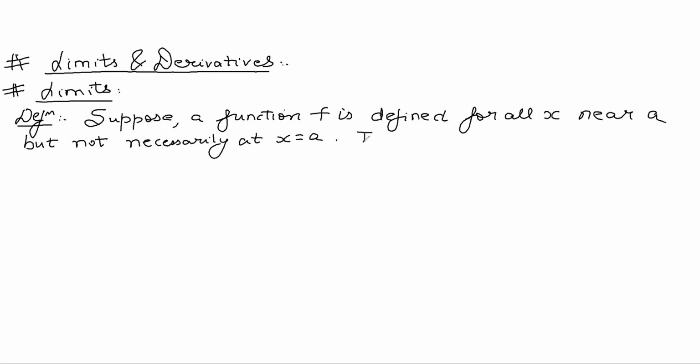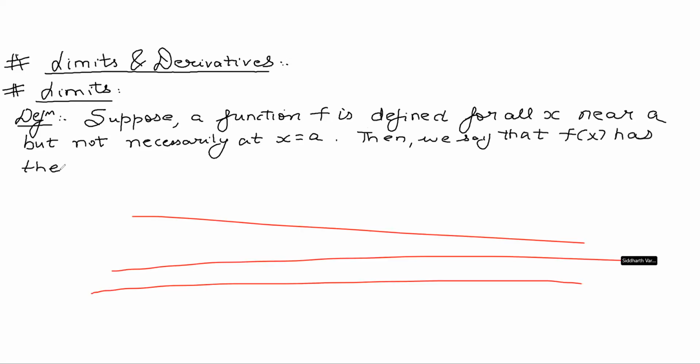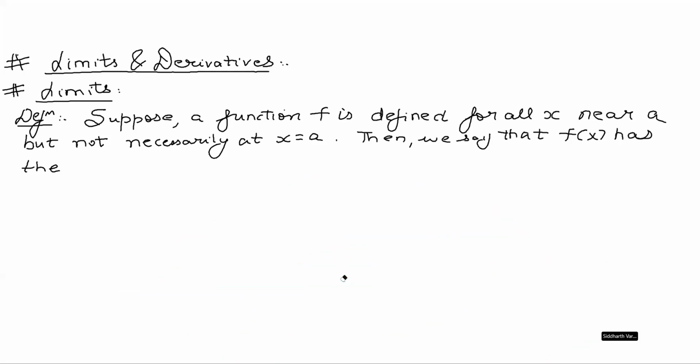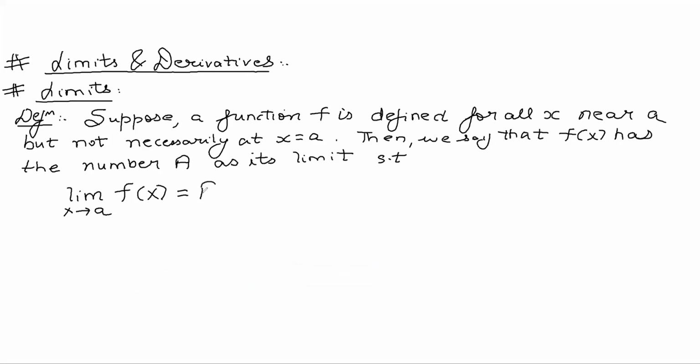So I can say then we say that f of x has the number capital A as its limit, such that limit as x tends to a, f of x is tending to capital A. No annotations guys, I should be the only one to write.